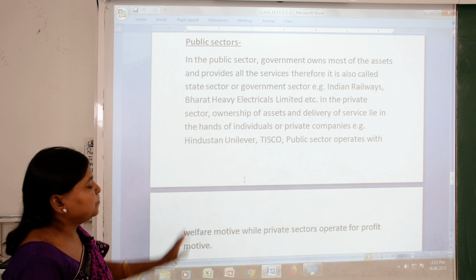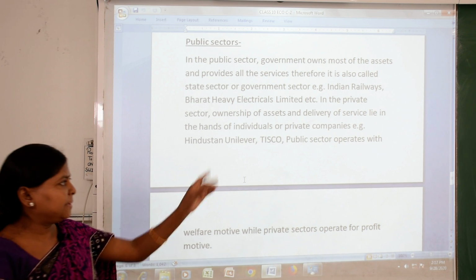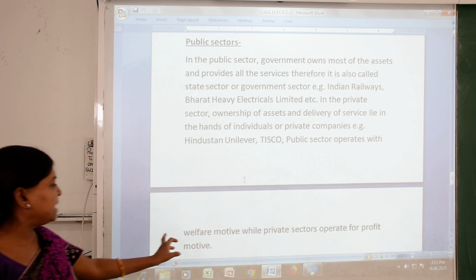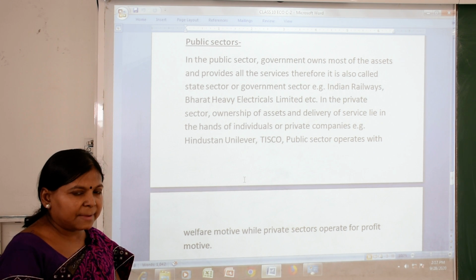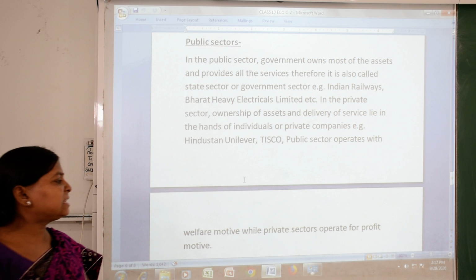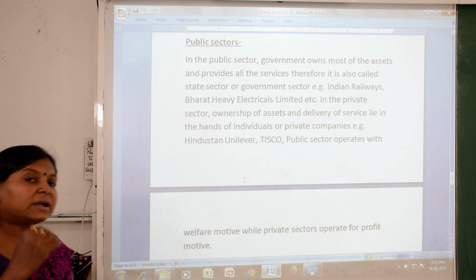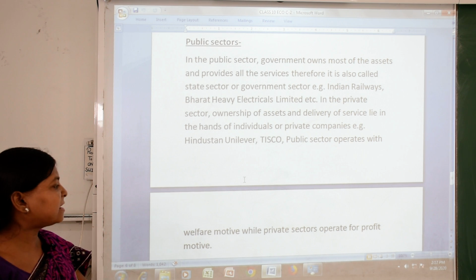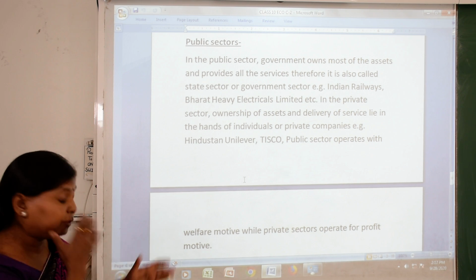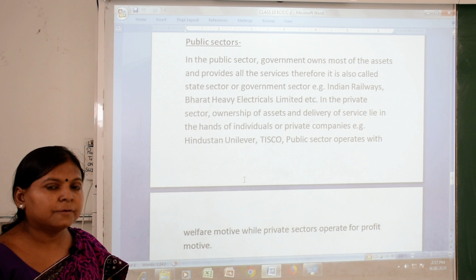Public sectors operate with a welfare motive, giving all the benefits, but private sectors operate for only one motive, that is profit. And the motive of the public sector is to do welfare for the people.